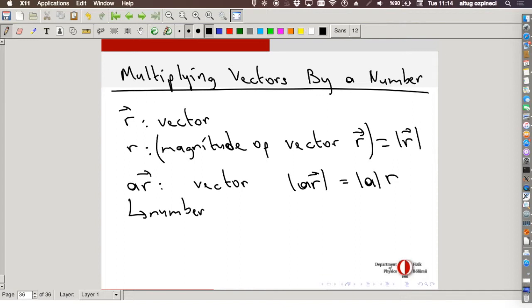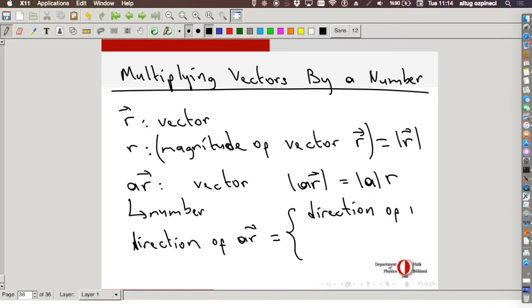Now the direction is a bit more complex. Let's say the direction of A times R is equal to the direction of R if A is positive, and the opposite direction if A is negative.